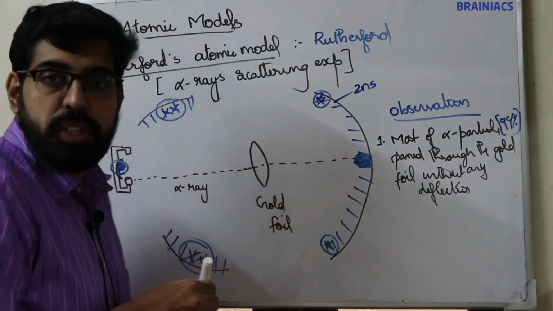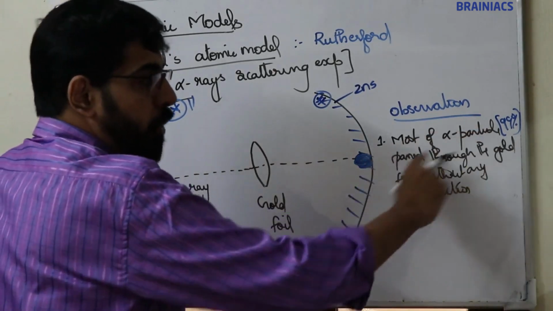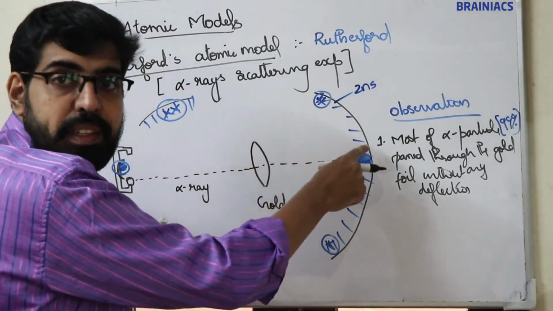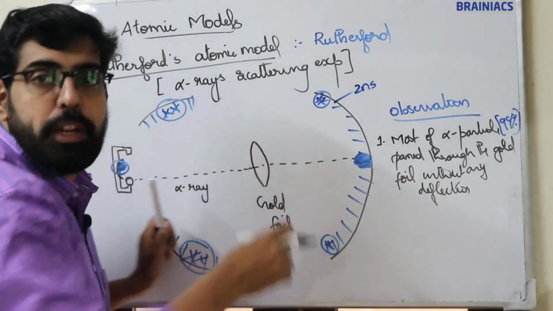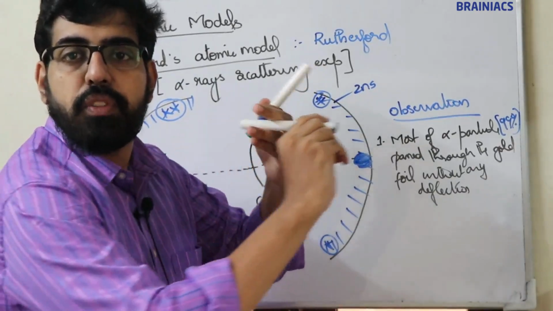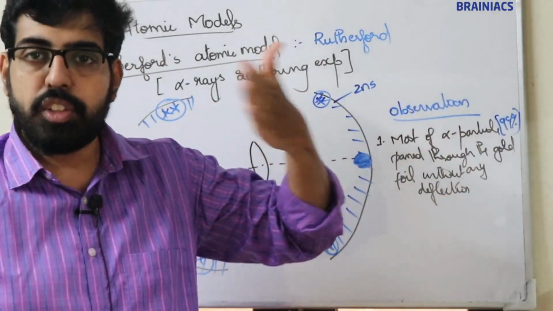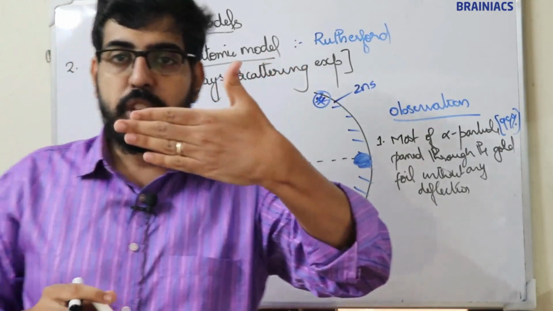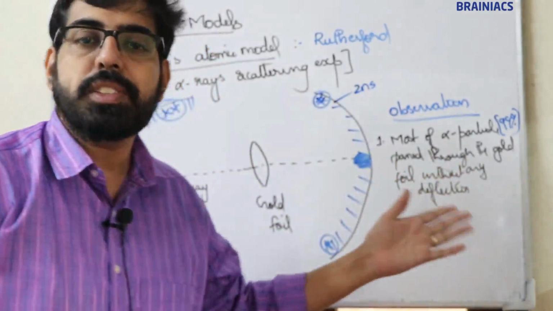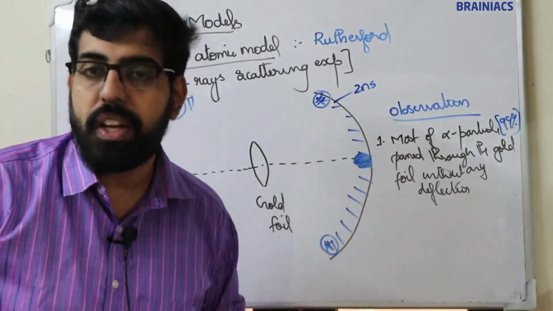So, the first observation is that most of the alpha particles pass through the gold foil without any deflection, because the majority of the time he is getting scintillation just behind the gold foil. That means the alpha particles are passing through the gold foil without any deflection.